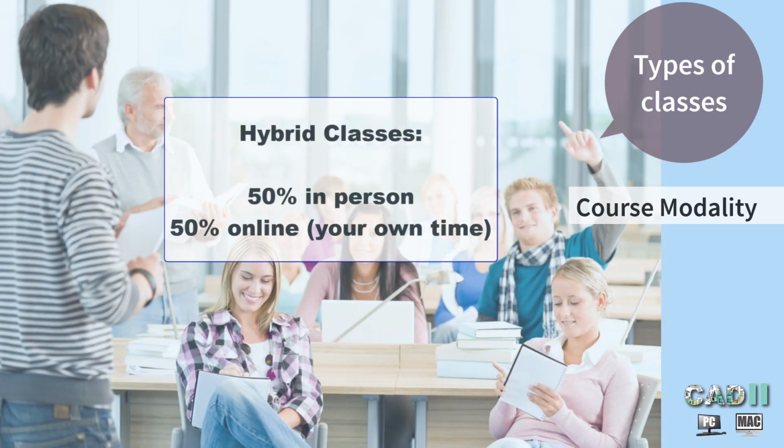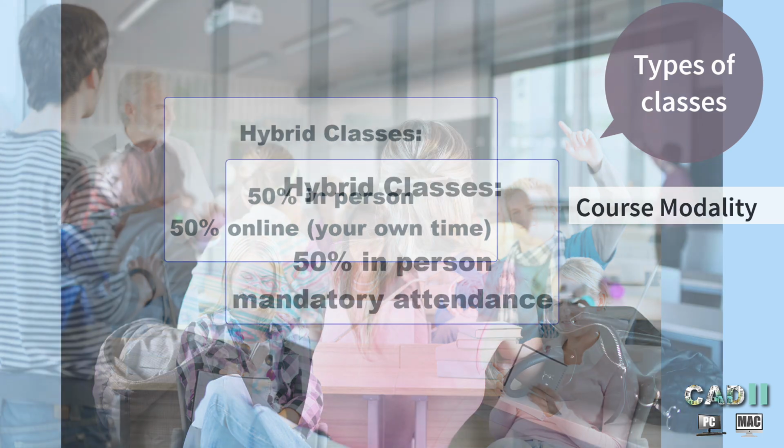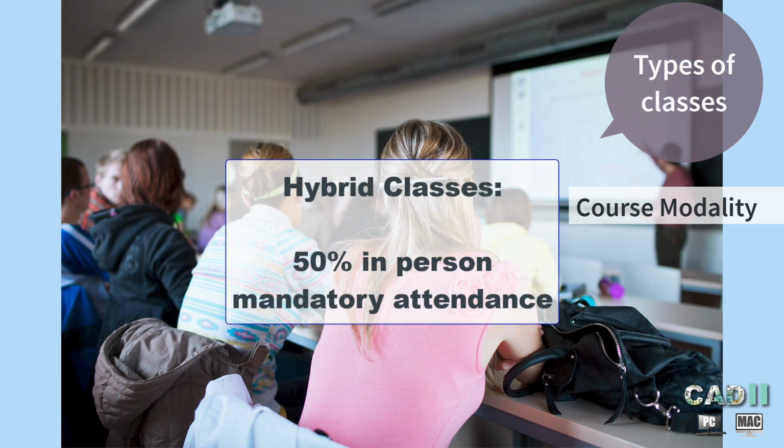For hybrid classes, instructional content is delivered 50% in person and 50% online, which must be completed in your own time. Hybrid classes require weekly attendance. Missing one day of class is the equivalent of missing a week of instructional content.